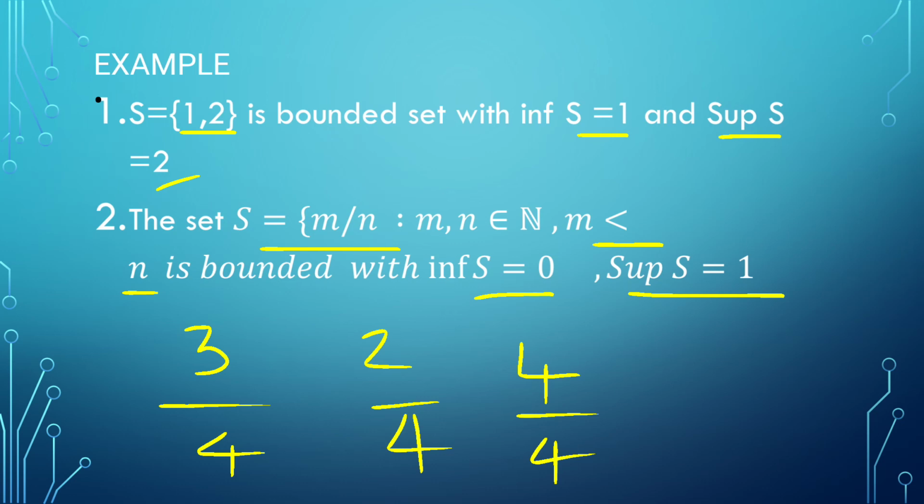So the supremum is 1, the greatest upper bound, and the infimum is 0. If you go this way, 1 over 4, you see, as you go down, 0 is not a natural number, so 1 over n is going to 0. That's how basically you check on them literally.